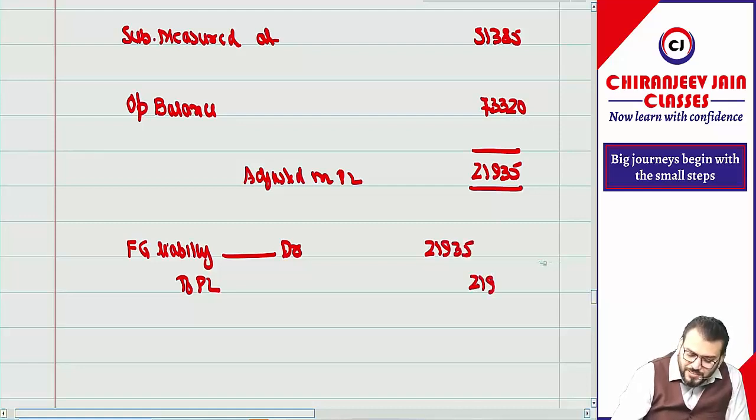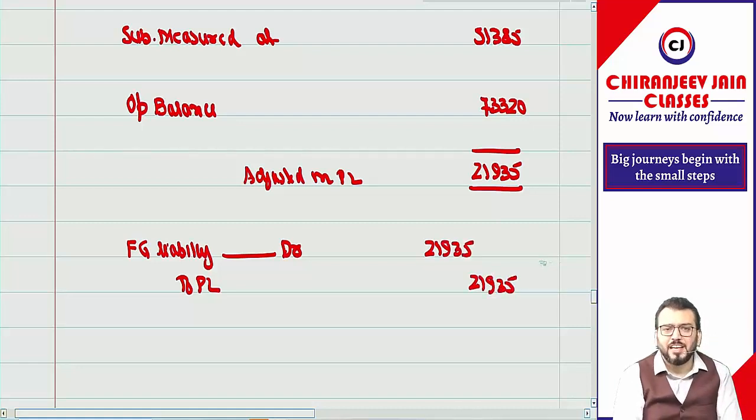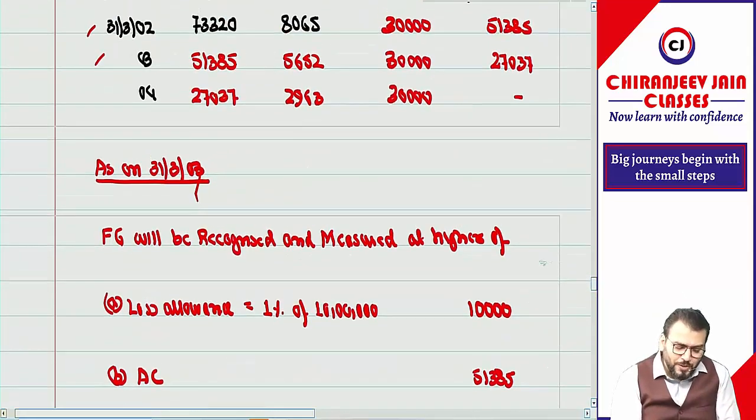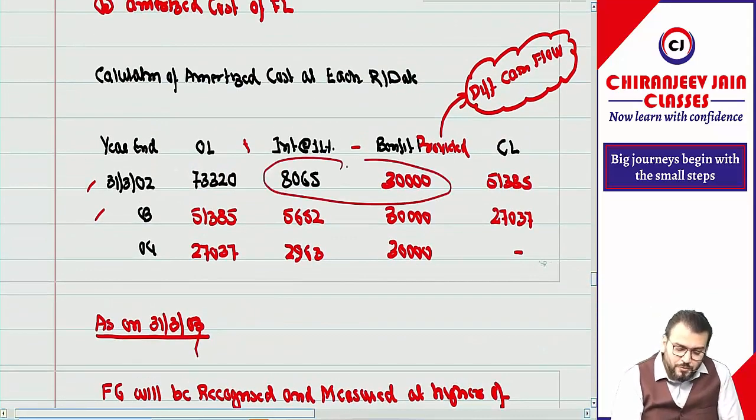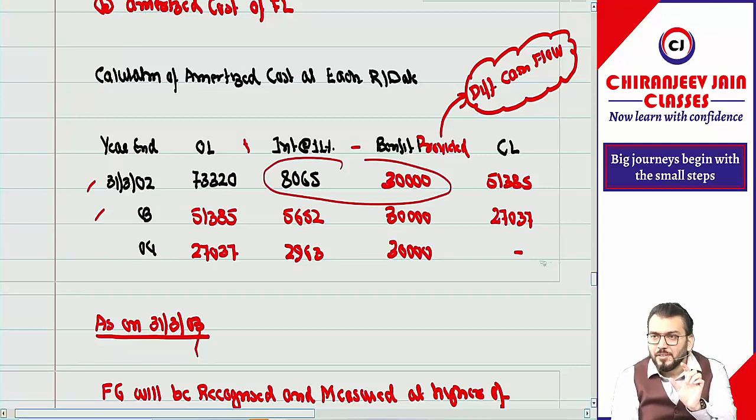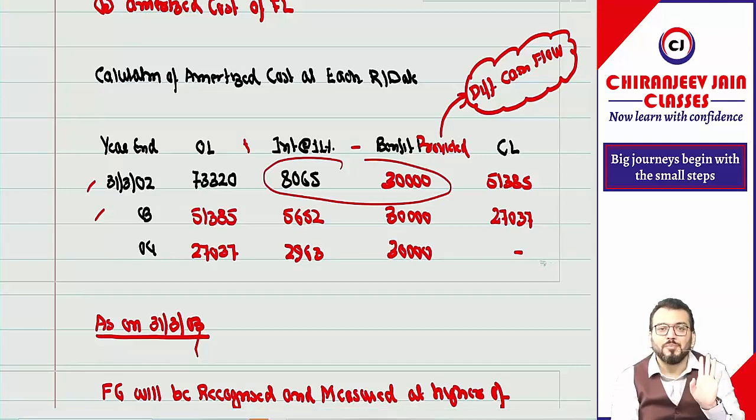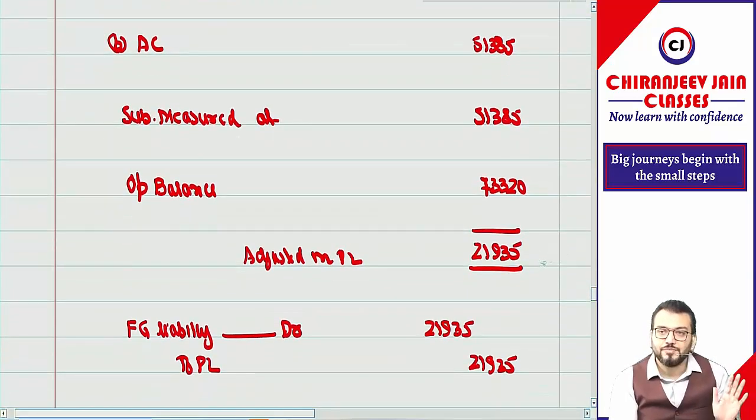Means we are not passing any separate journal entry for interest and benefit provided. We are doing a net journal entry with the difference between the closing balance and opening balance, so automatically it will be adjusted through PL. Got it? Have you understood this?